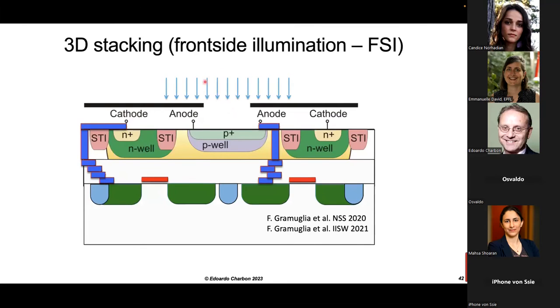Another way is to use front side illumination: not reversing the detector, but placing the detector on top of the bottom chip, and then, by means of through silicon vias, connecting the two chips.